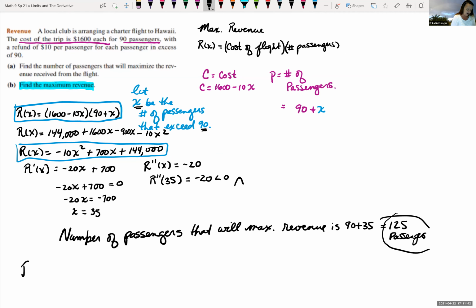So we're going to look at R of 35, and that would equal 1,600 minus 10 times 35, and that quantity is times the quantity 90 plus 35.